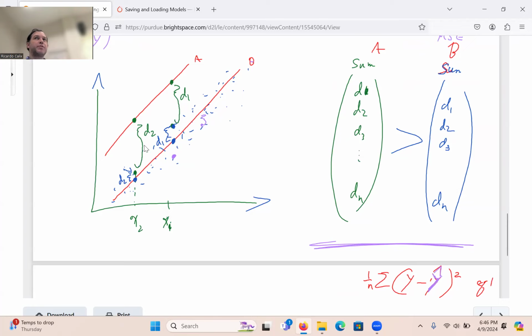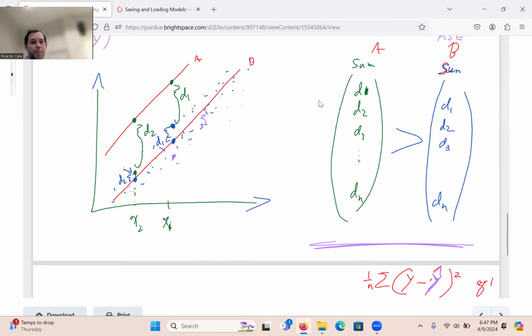I only did 2 differences, but really it needs to be for every single point in the data set, the train set, the batch, whatever you're looking at that moment, maybe a batch of 64 points. So you take these n differences, you square them, and then you take the sum of them.